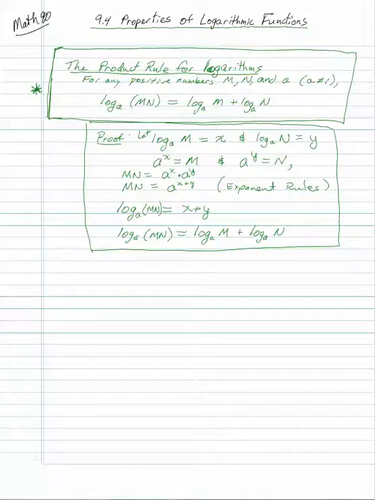So basically, if we're multiplying numbers inside, say log base 2 of 16, well, that's the same thing as log base 2 of 8 times 2, which is the same thing by this rule as log base 2 of 8 plus log base 2 of 2.